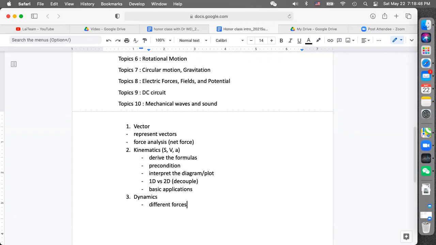There are several forces we really want to expand on a little bit. One force is tension, friction. I won't go into too much detail now. I just want to show the kind of folders behind each topic. So we're going to talk about different forces.